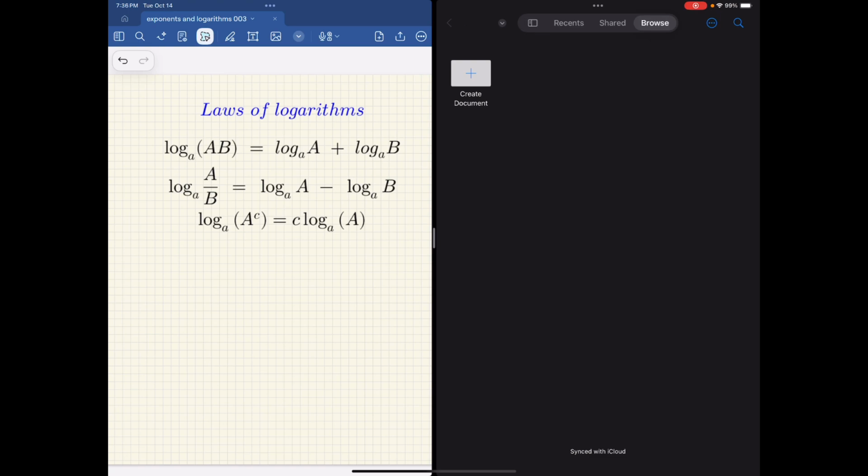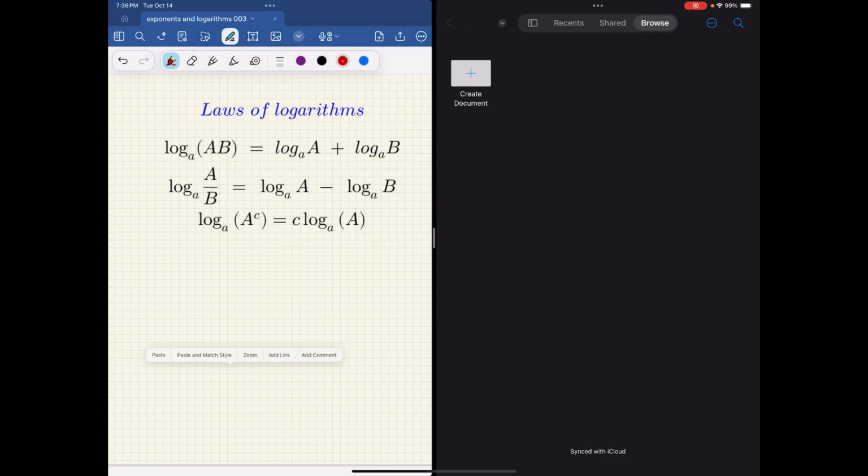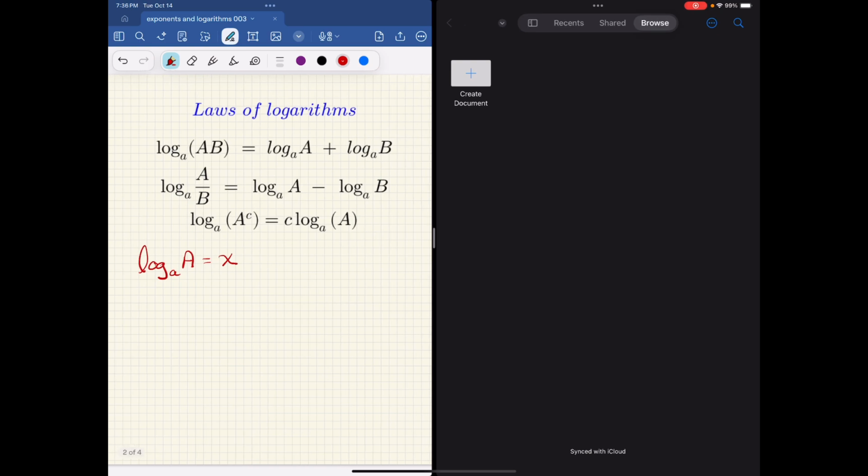We're going to assign the value log base a of A to the variable x. So that means x is the power to which you have to raise lowercase a to get uppercase A. In other words, a to the x equals A.